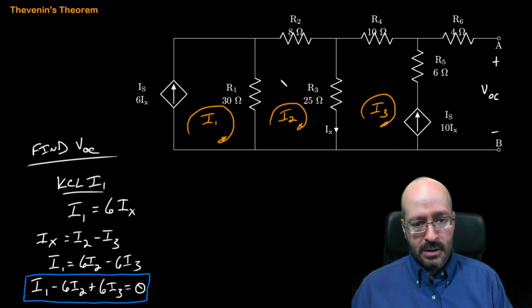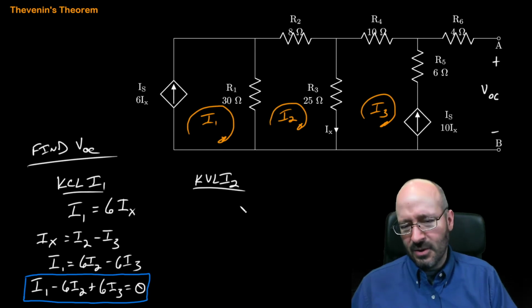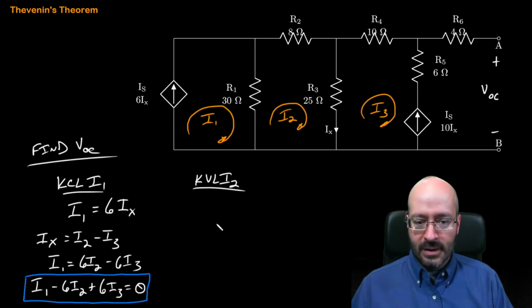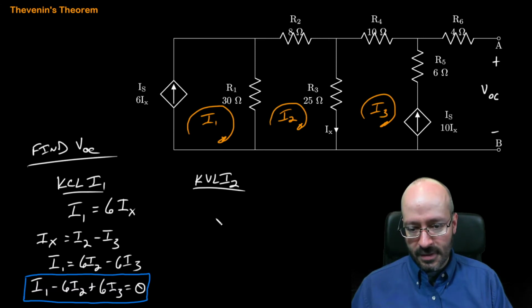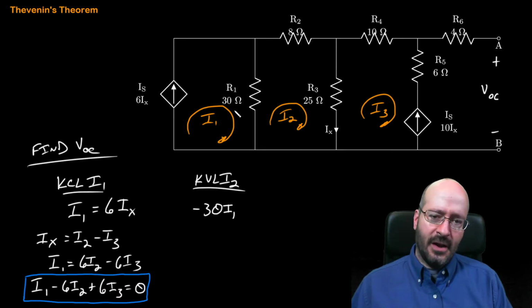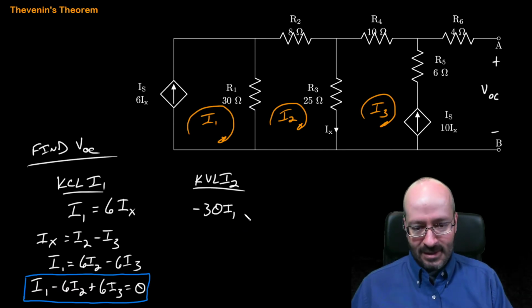Moving on to I2, I'm going to write a KVL for I2. I said you can use the shortcut, and we can do it in equation form. What does I2 share with I1? Negative 30 I1. What does I2 touch? 38 and 25. So what is that? 55 and another 8, so 63.